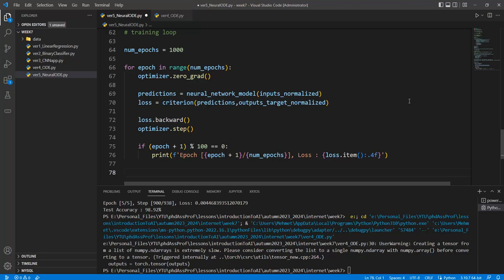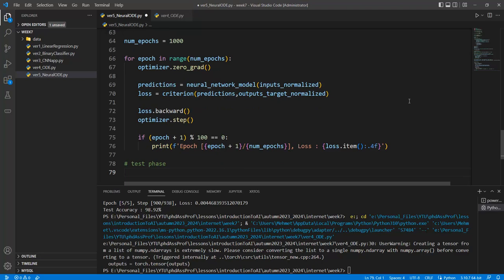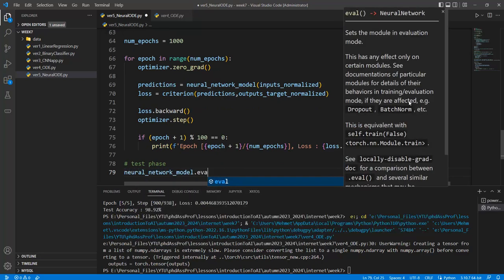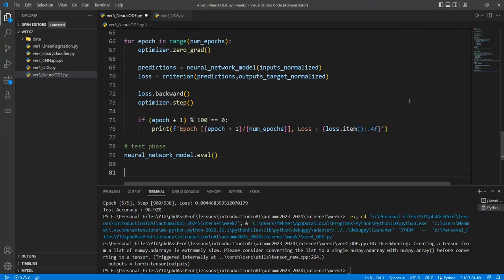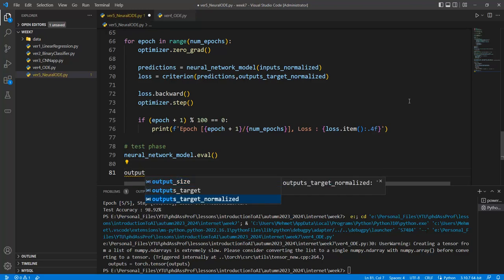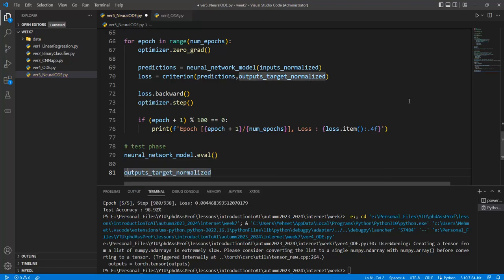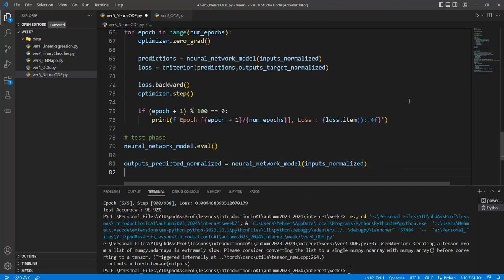So this is the training phase of our algorithm, and this is the test phase. Just like that, the neural network model eval, and the output target predicted normalized is equal to the neural network model with the input normalized. Then we should create the unnormalized form.